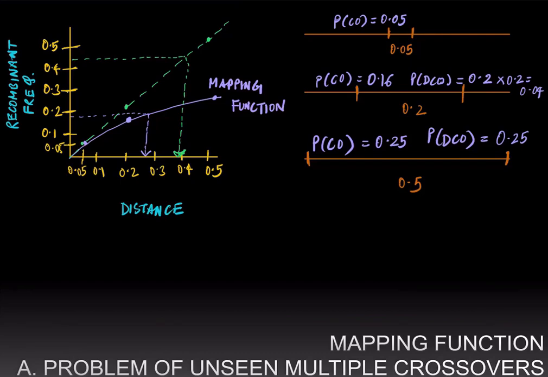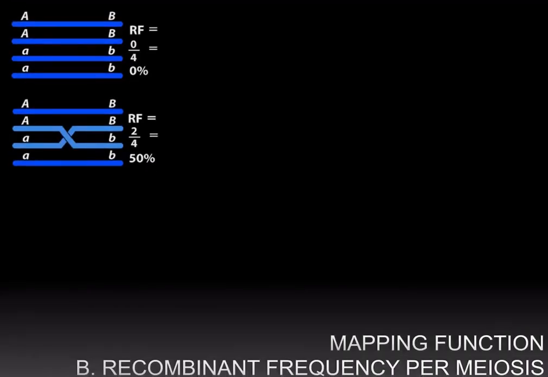But before we get into the details of the mapping function, let us review what fraction of gametes are recombinant in a given meiosis.